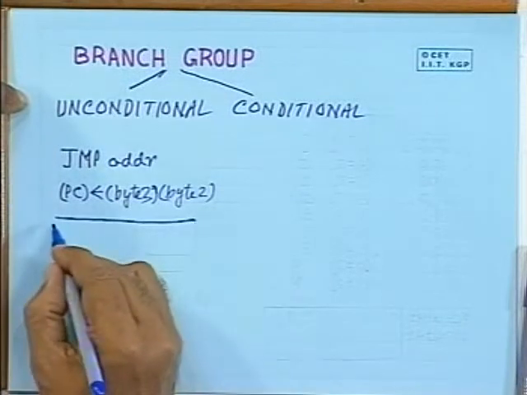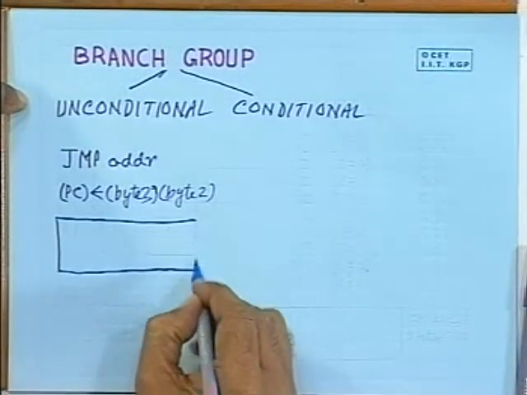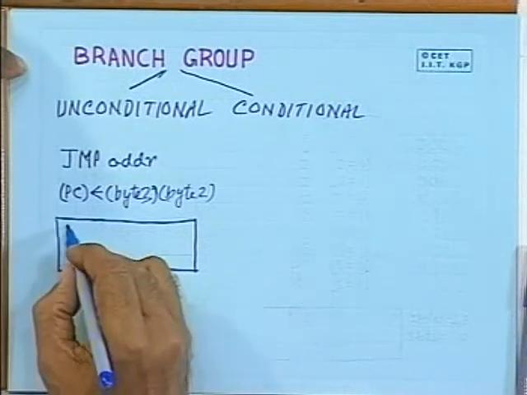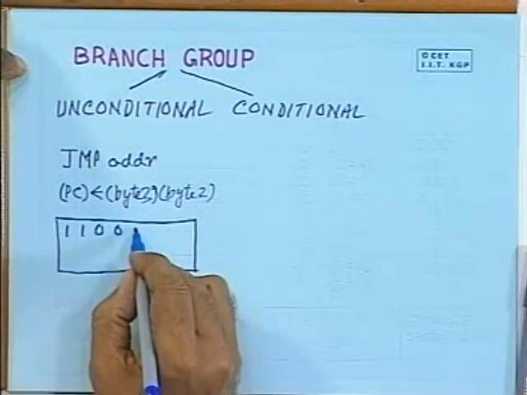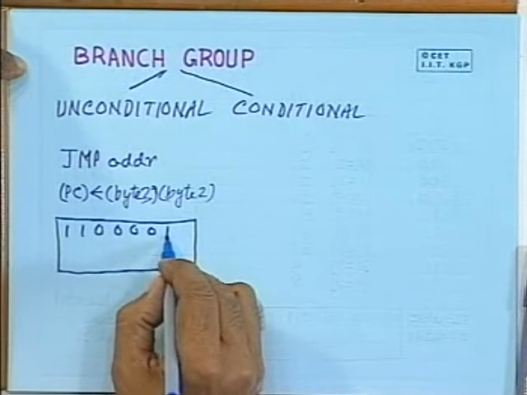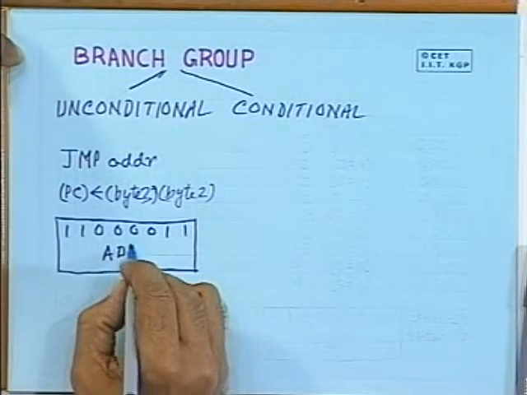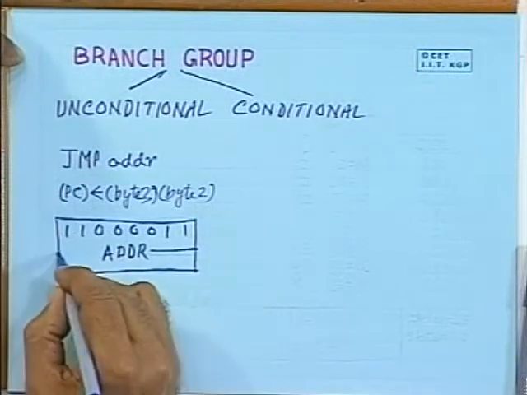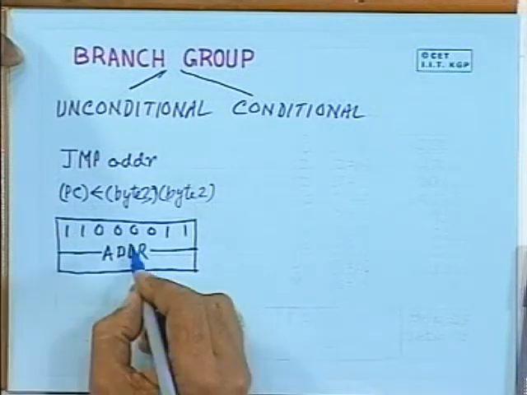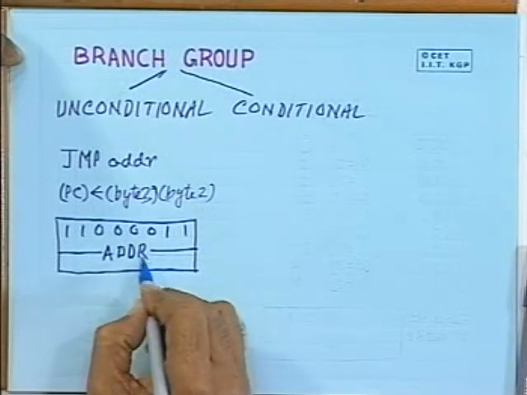This is the instruction format: 1 1 0 0 0 0 1 1. This is your opcode. Then you have got a 2-byte address ADDR provided as part of the instruction, byte 3 and byte 2.